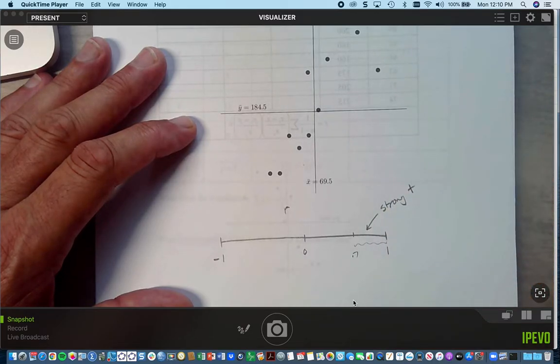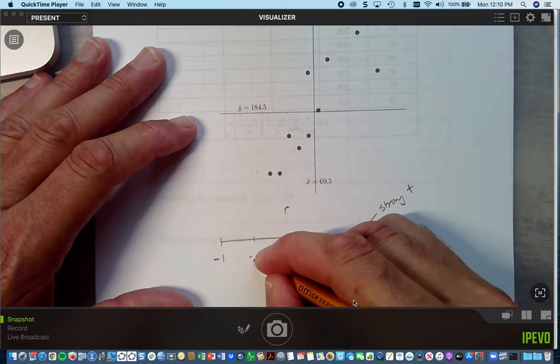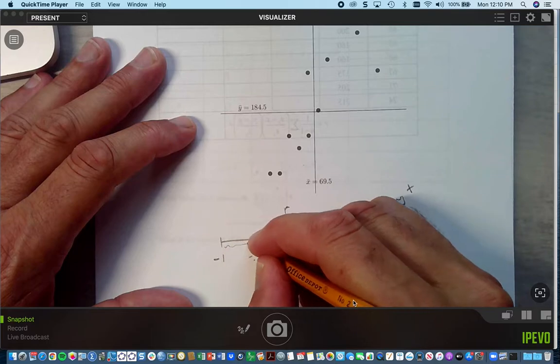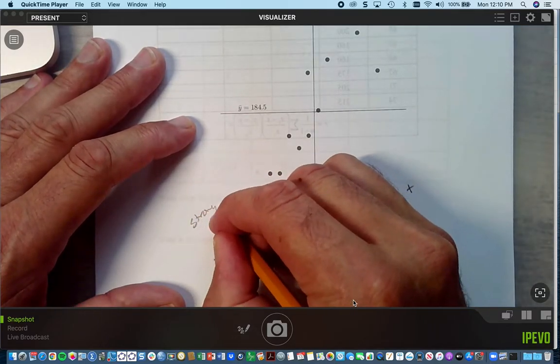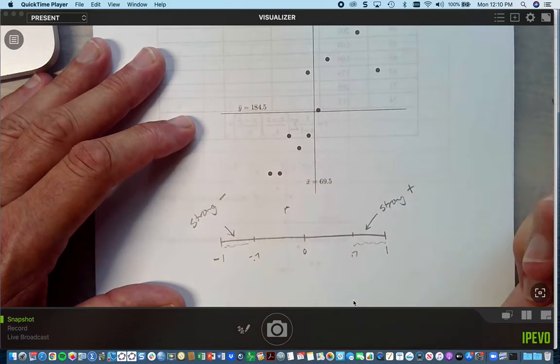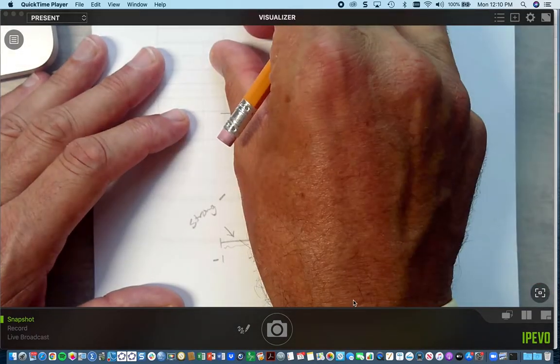Okay, anything that's over here from -0.7 to -1 is also fairly strong, but negative.